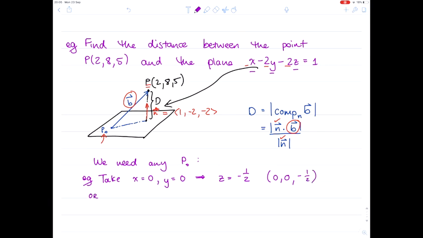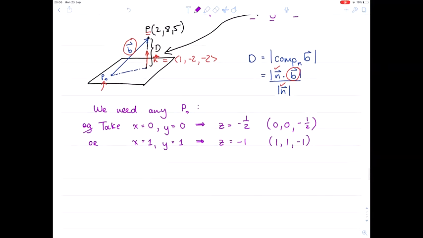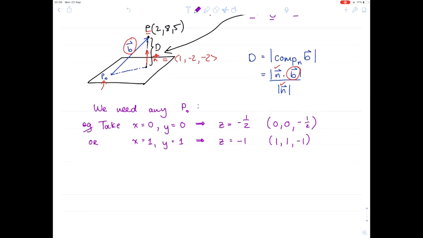Or you could take x equal to 1, y equal to 1, and that would give you the point z equal to minus 1 on the plane. So we've got 1, 1, minus 1. I'm going to use this point on the plane for the first bit of the calculation, and then I'm going to do it again using this point so that you see that we actually get the same answer.